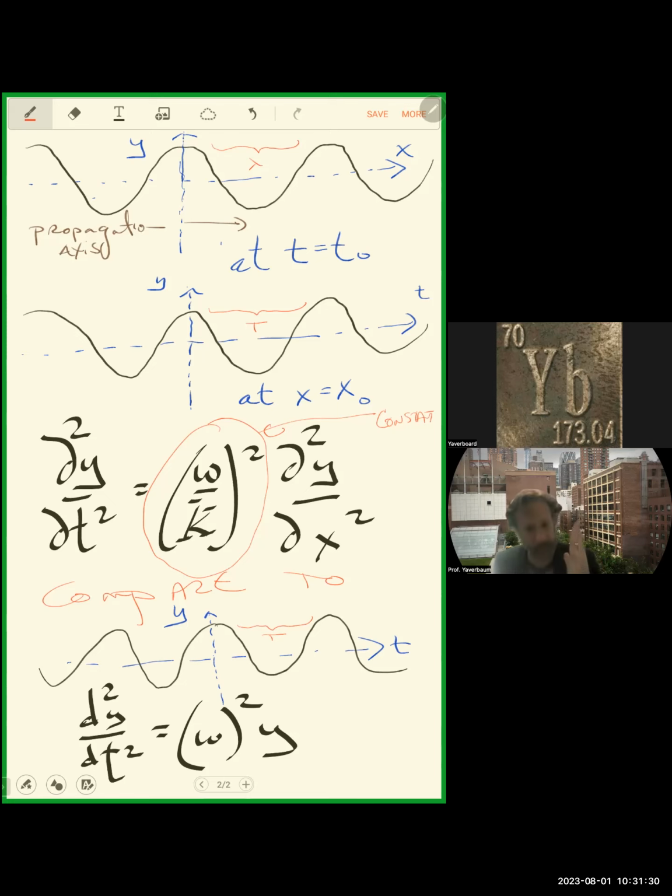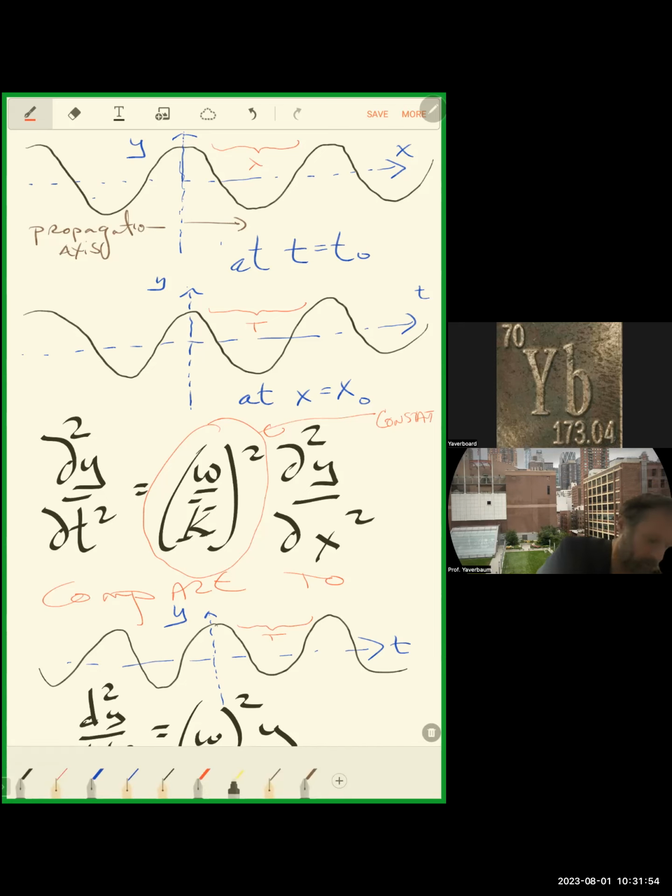Now I'm keeping it in the vertical axis. Remember, we have been saying that our dependent variable could be any old thing, so let me keep it as y. I'm imagining one spring going up and down in vertical space, as a function of time. So if we're talking about one spring, then we just have y as a function of t.